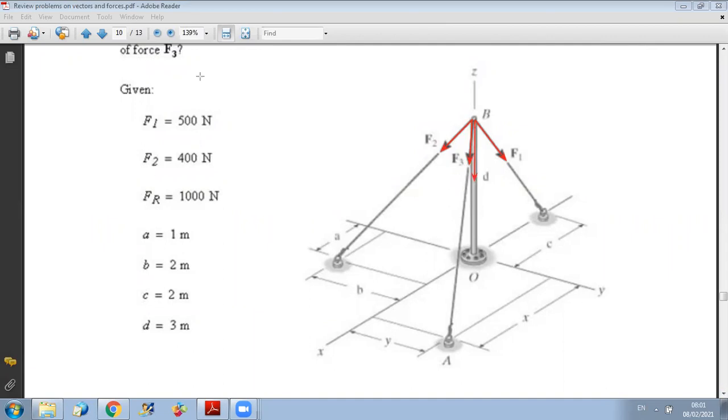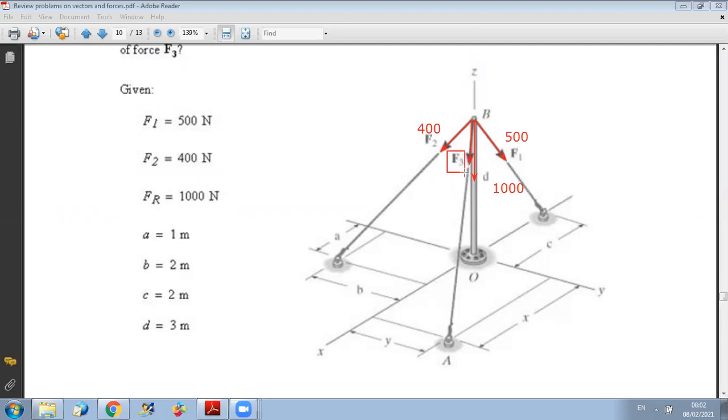Now, what is given: we know the magnitude of F1, which is 500. We know the magnitude of F2, which is 400. We know that the resultant force has a magnitude of 1000 Newton. So the only unknown in magnitude is F3. Okay? F3 is not known.